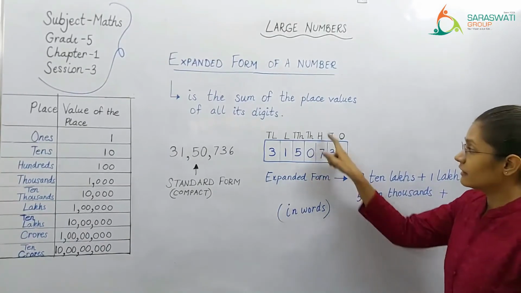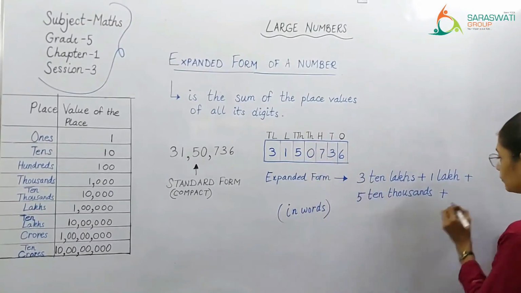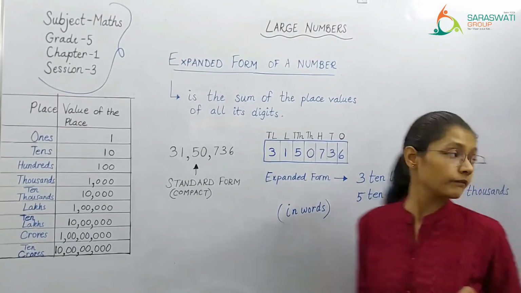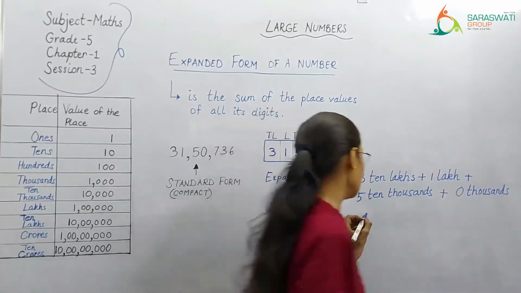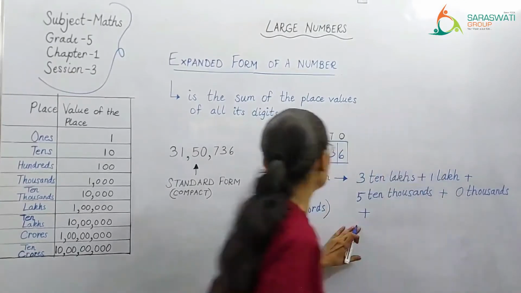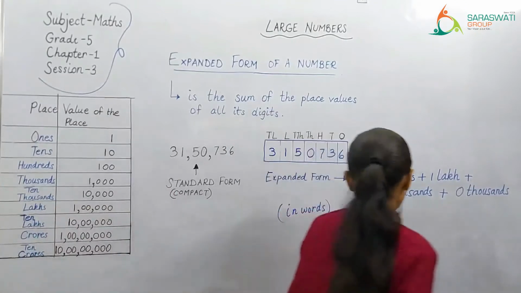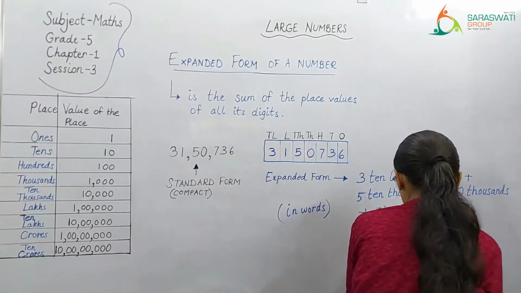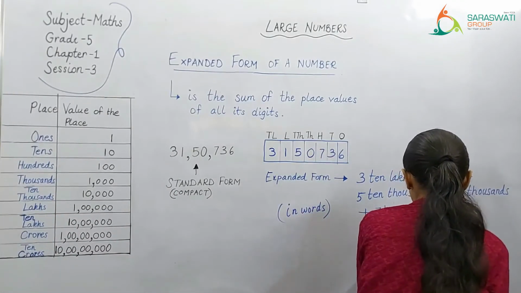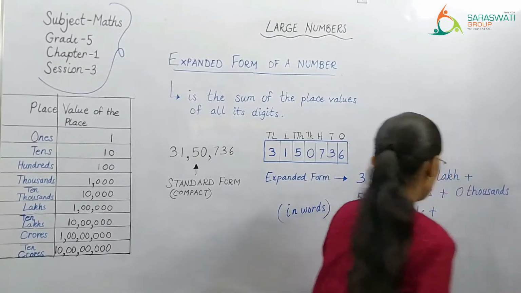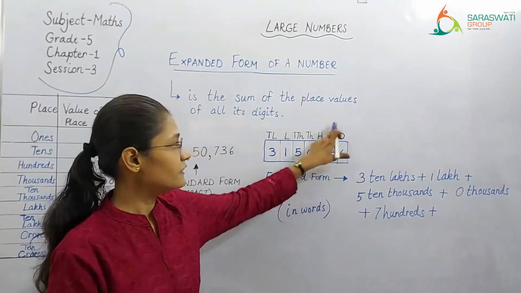Add, we have 0 thousands. Then add, in the hundreds place we have 7 hundreds. Add, we have 3 tens.